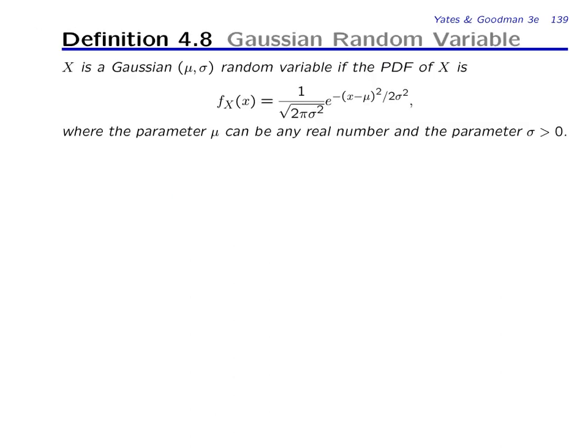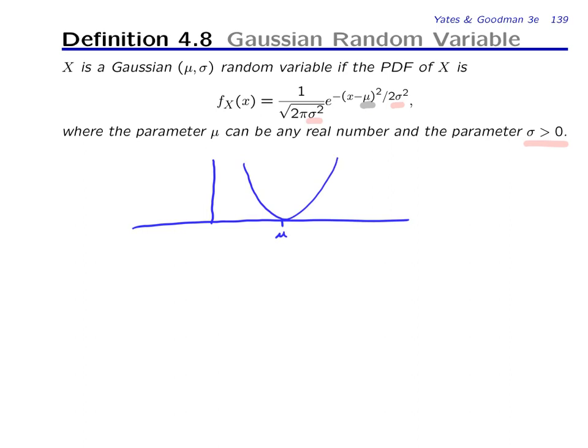The PDF of a Gaussian random variable looks a little bit complicated. It has two parameters, mu, appearing here, which can be any real number, and sigma squared, appearing here and here, which has to be strictly greater than 0. To understand how this PDF works, it's helpful to think about how the function x minus mu squared looks. It looks like a parabola.